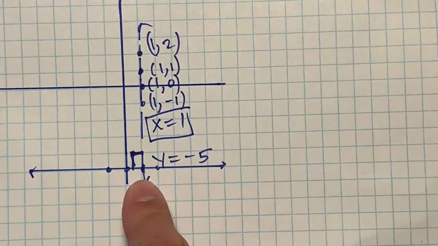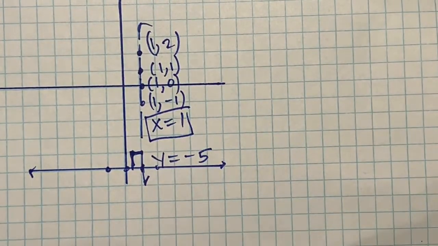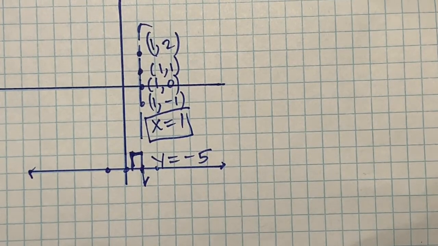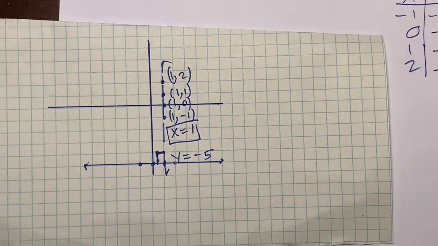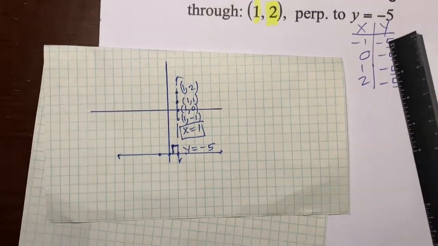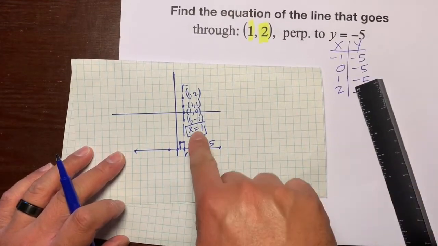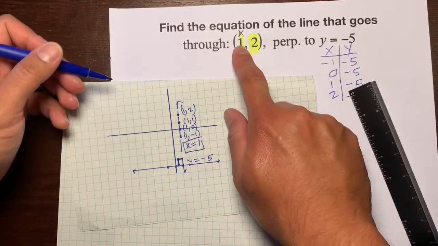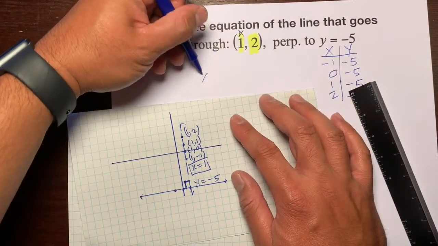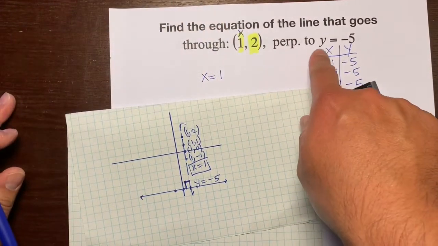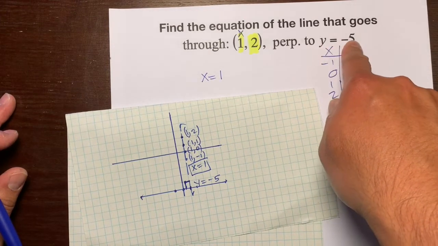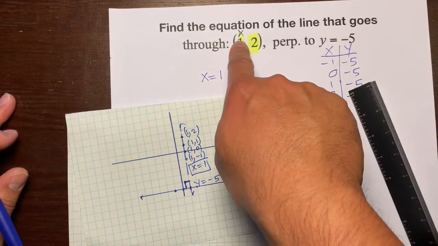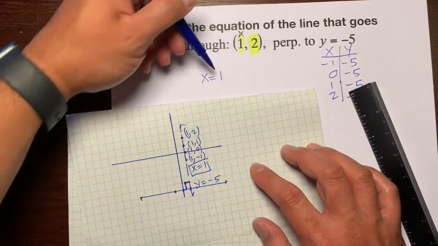I do all that so that you don't have to do this again, because you can see x equals 1. What was our x? 1. So if we see this type of problem, perpendicular to y equals a number, the answer would be x equals whatever x is.